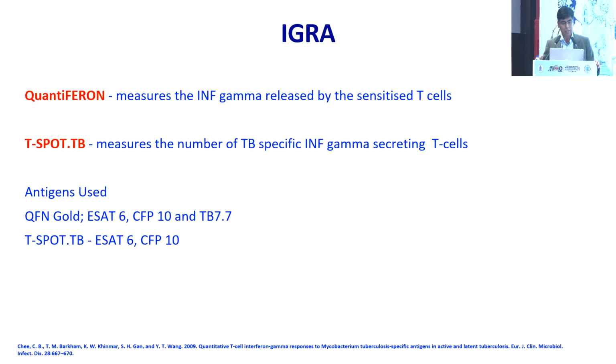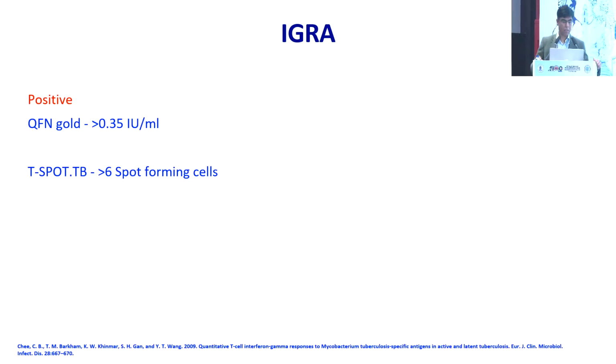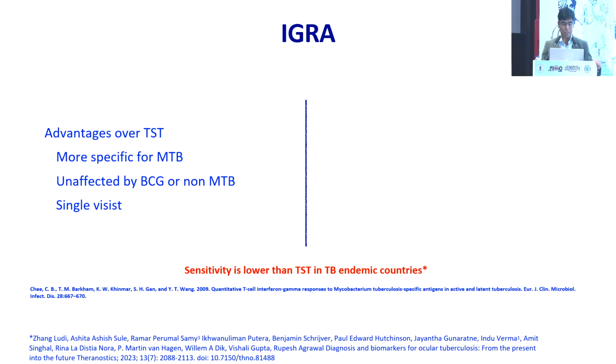Coming to IGRA, there are two types of tests available. One measures the gamma release by the sensitized T cells, the other counts the number of sensitized T cells. These are the various antigens that are used for this test. A positive result is as shown on the slide.